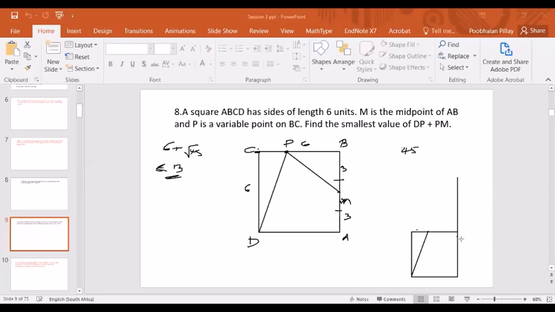And what I do is I reflect this line here. You find another point on this line which is also 3 units away.